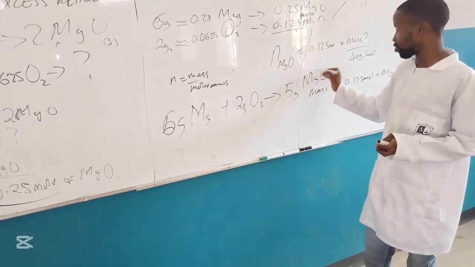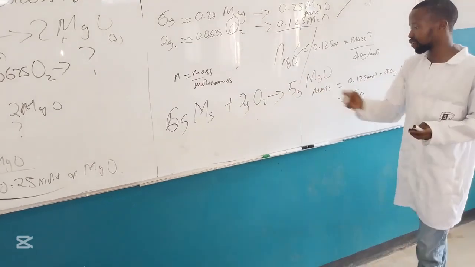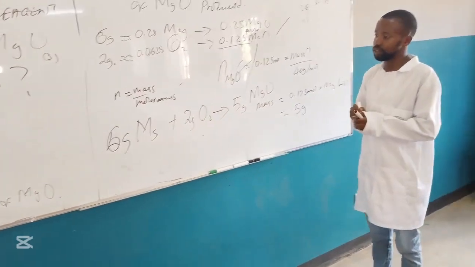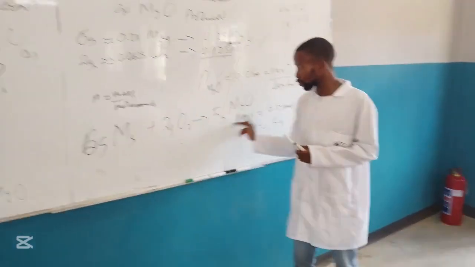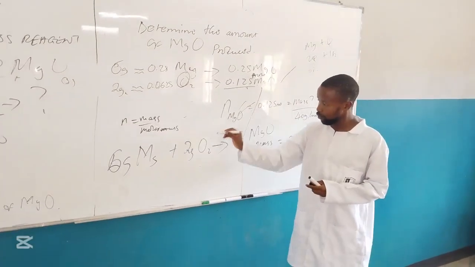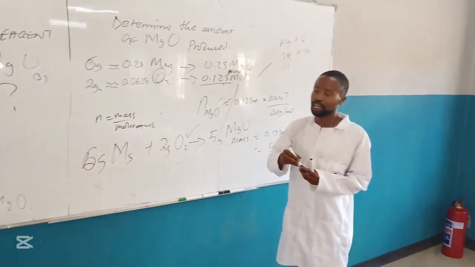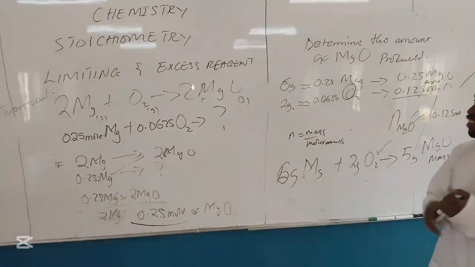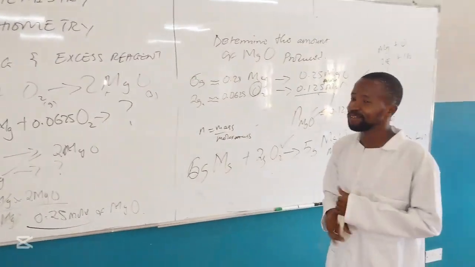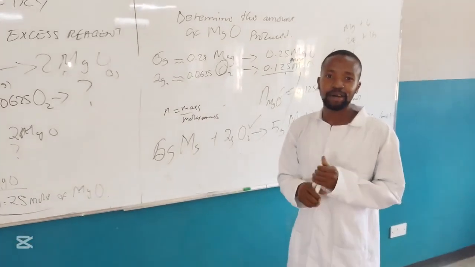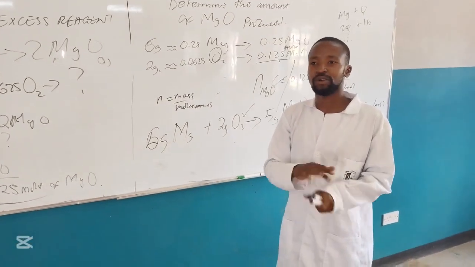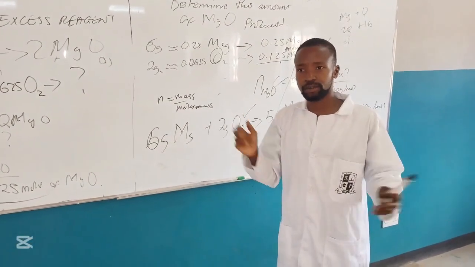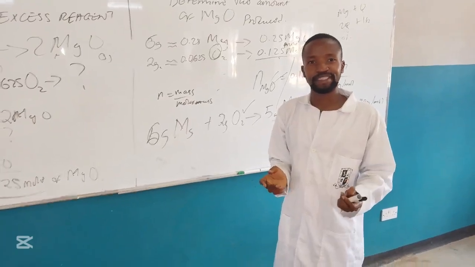So 5 grams of magnesium oxide will be produced. But for us to know this 5 grams, we have used oxygen, since it is our limiting reagent. In the next class, we will discuss theoretical as well as percentage yield.